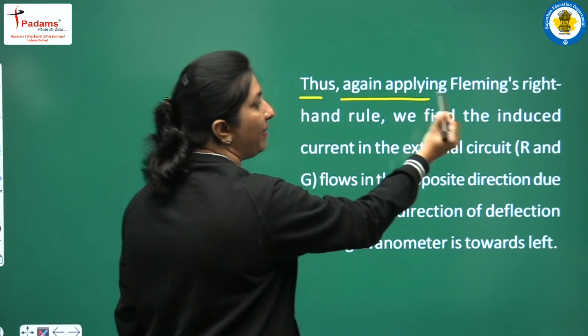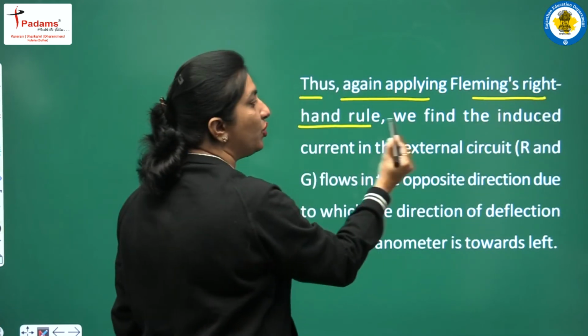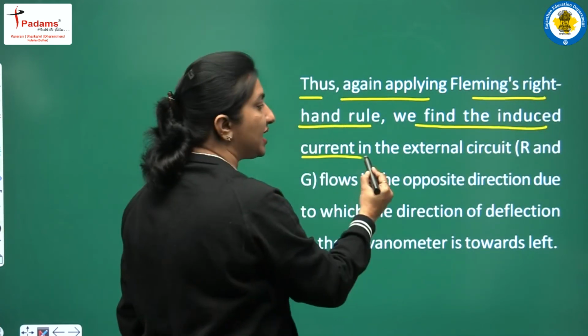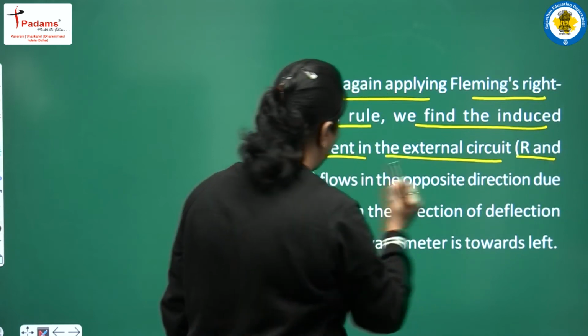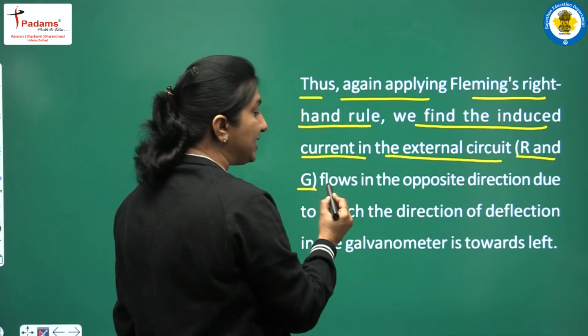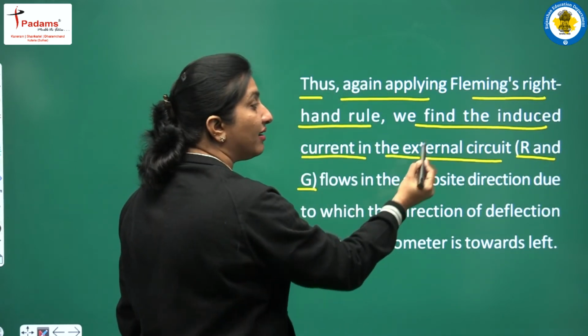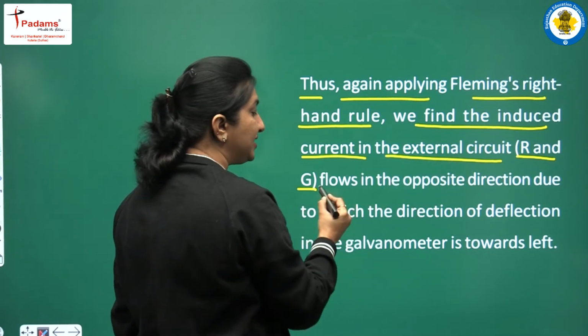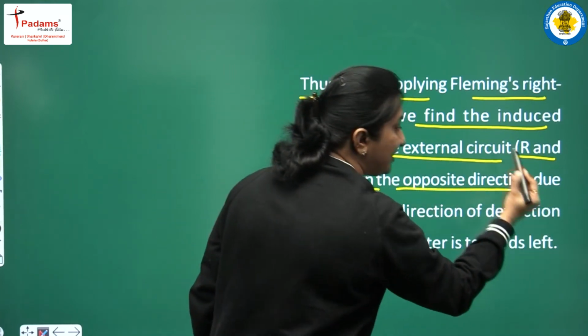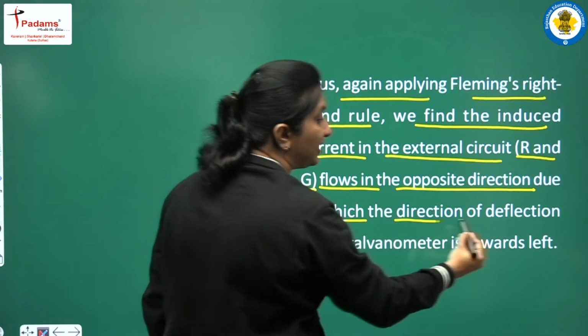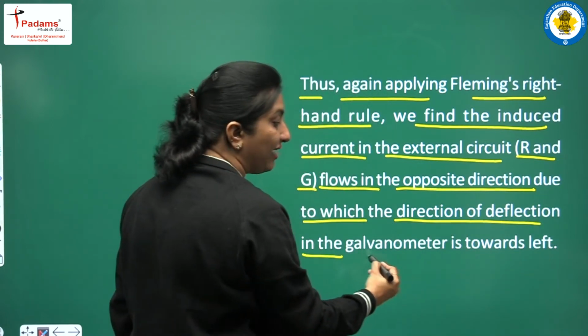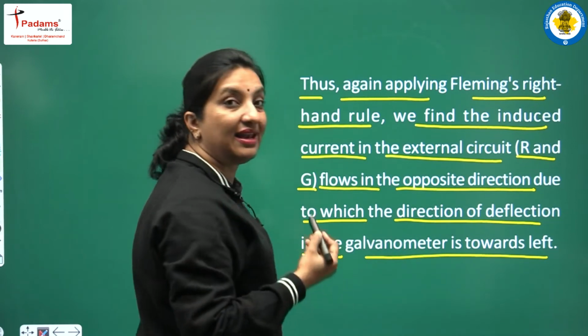Thus again applying Fleming's right hand rule, we find the induced current in the external circuit R and G, and what we see is that the induced current in the external circuit flows in the opposite direction, due to which the direction of deflection in the galvanometer is towards left.